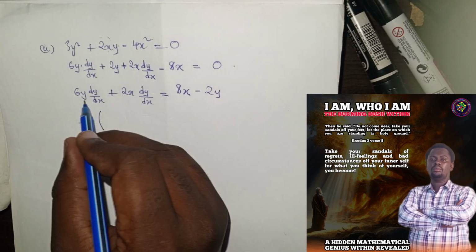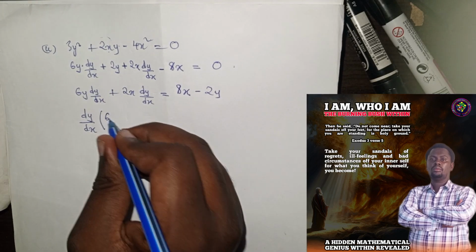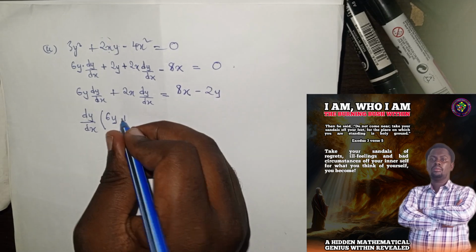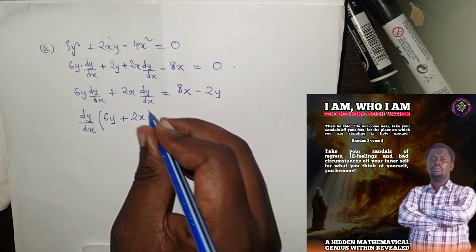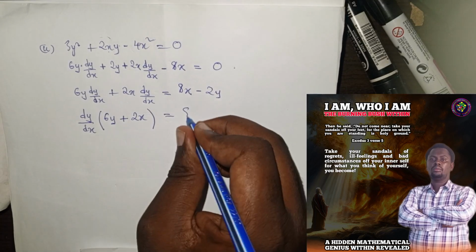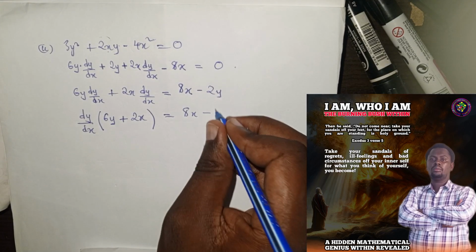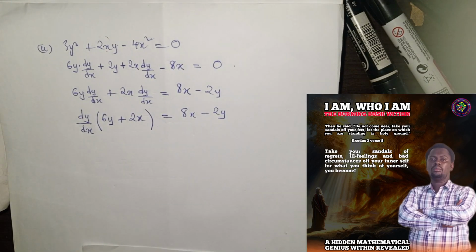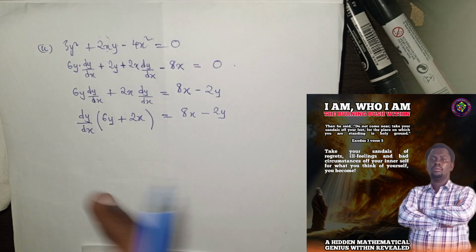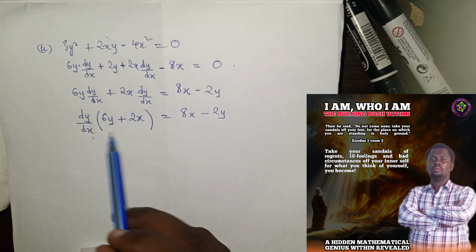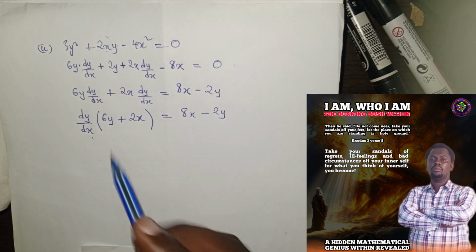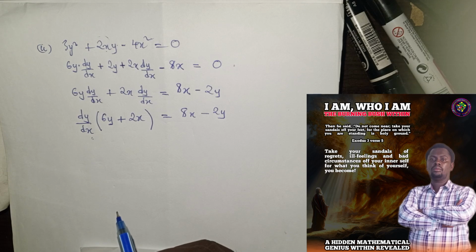So when you factor out dy/dx this side, we are going to have 6y plus 2x, then this is equal to 8x minus 2y. Okay, since we want to remain with dy/dx, we need to divide through by 6y plus 2x, so that we remain with dy/dx.